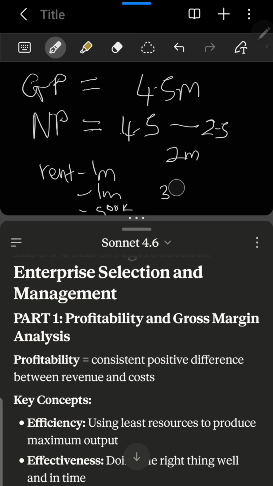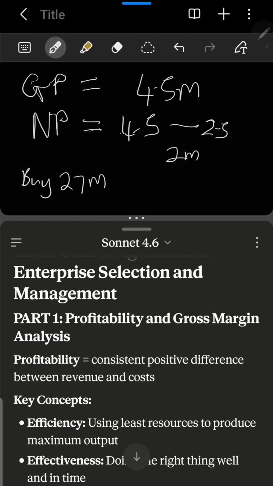And he was buying the 90 phones total at how much? 90 times 300. So he bought phones worth 27 M, and he sold them at 350. What did he get? 90 phones times 350. Do the math.